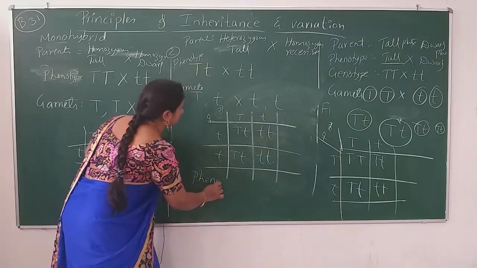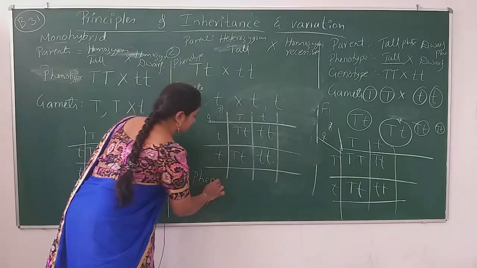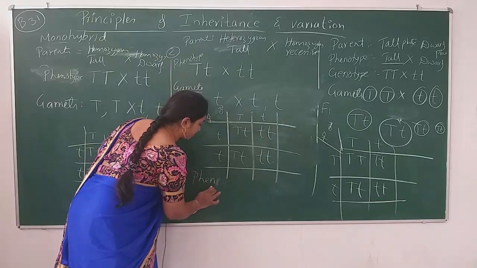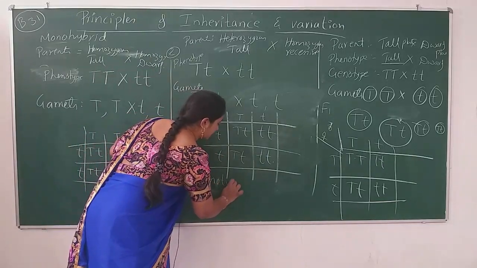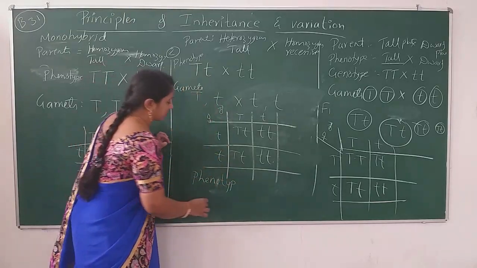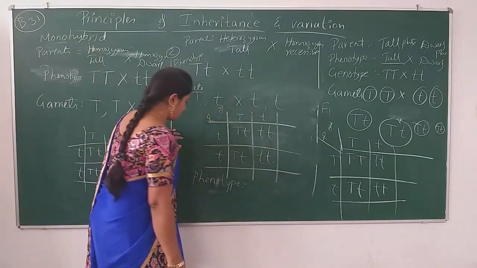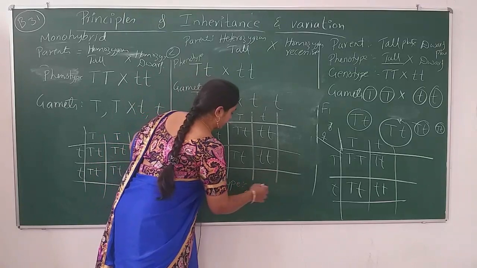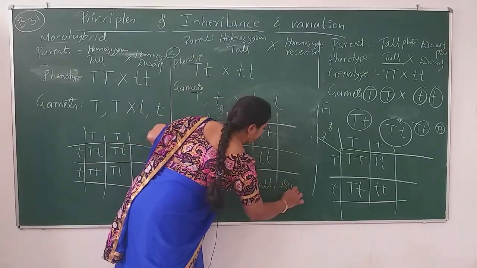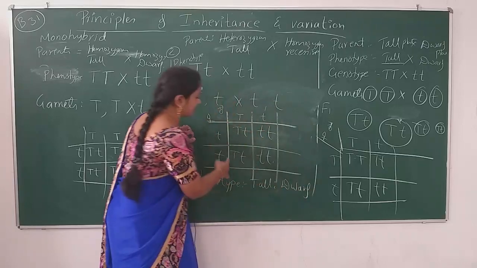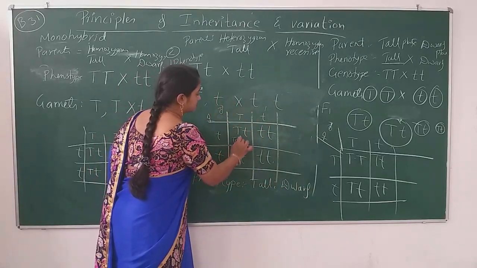Phenotypic ratio of the monohybrid test cross, possibility number 1 and possibility number 2. I am writing the possibility number 2 phenotype now. Phenotypic ratio, tall is to dwarf. How many tall plants are there? 2 tall plants.